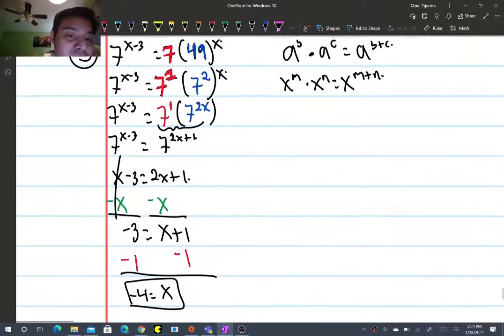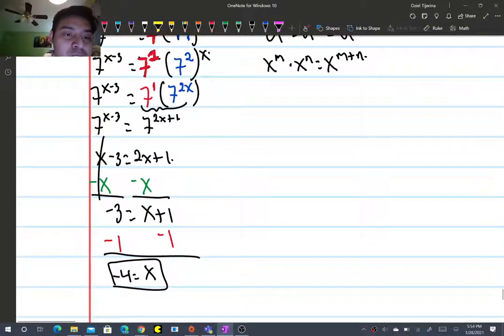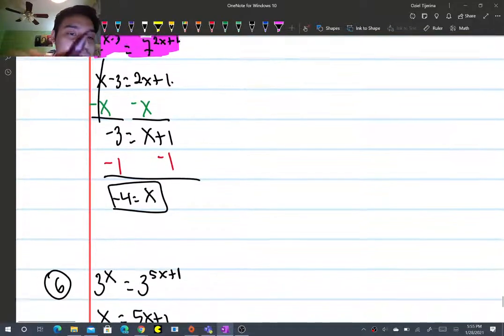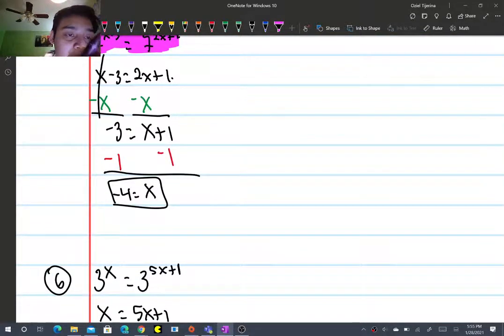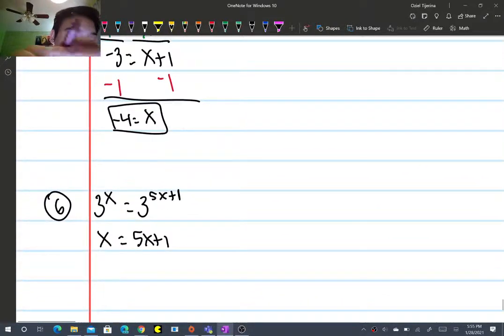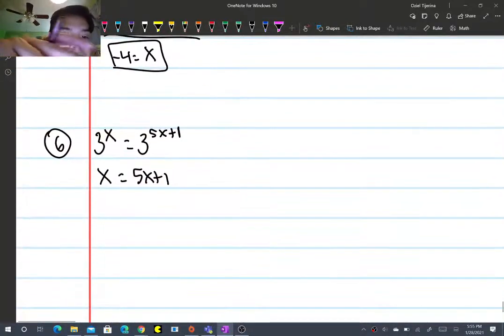It's what we've been doing this entire video. That's your end goal: make the powers of x equal to each other, turn it into a linear equation, and then solve for x.